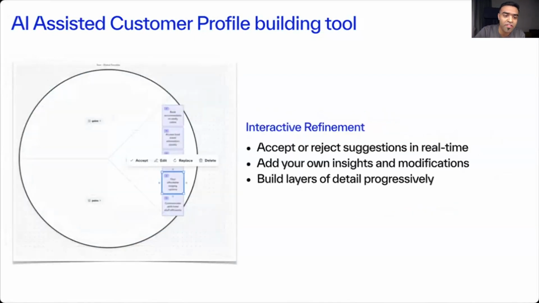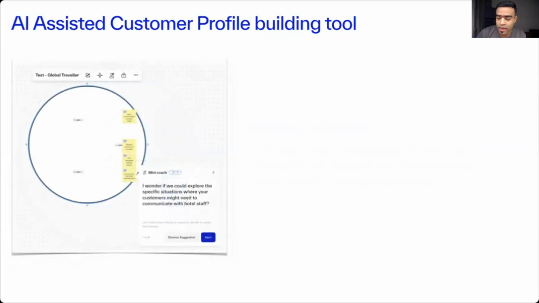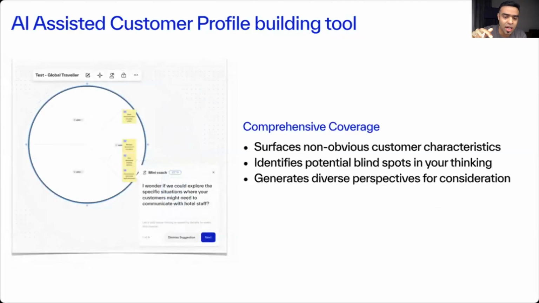Second, it helps you refine your suggestions. AI is just a suggester here. It does not tell you what to do and how to do it. It just suggests stuff to you, and then you make the decision whether you accept it, edit it, replace it, or delete these jobs, pains, and gains. While you're doing that, you can also kickstart a mini coach.